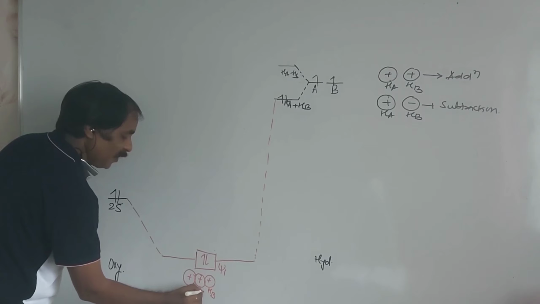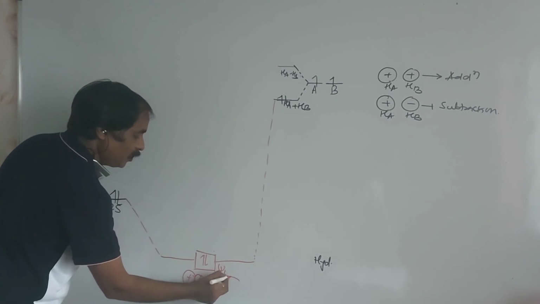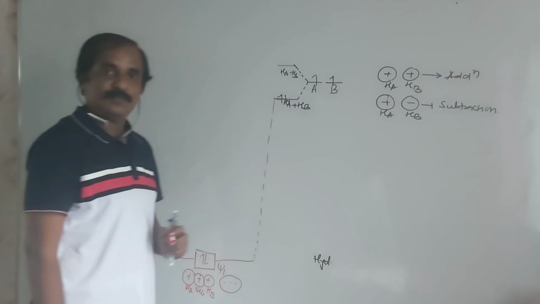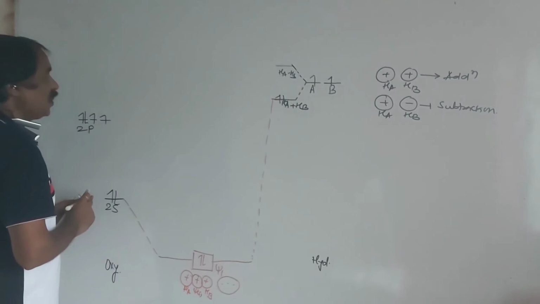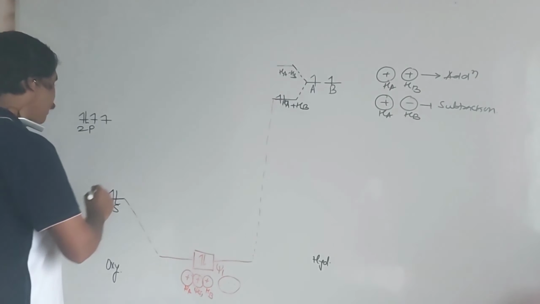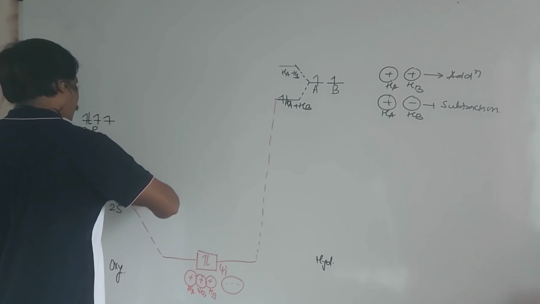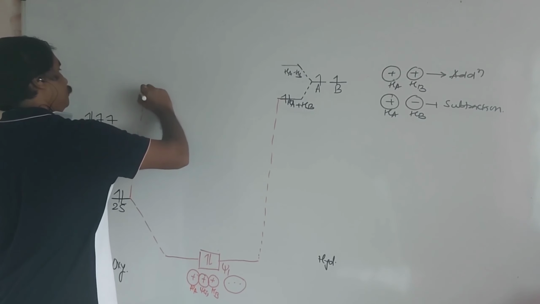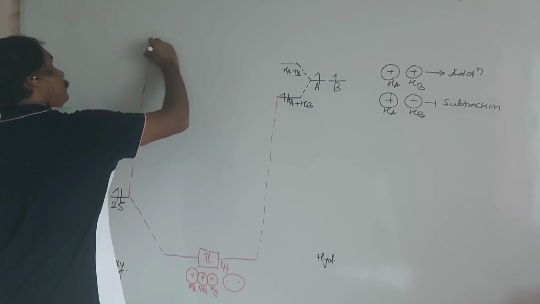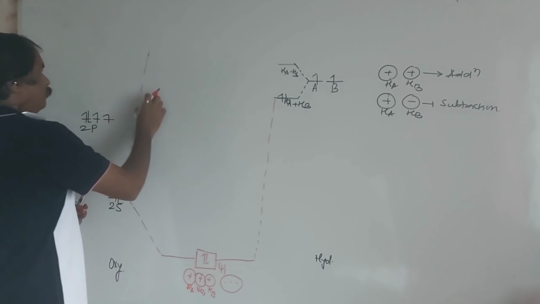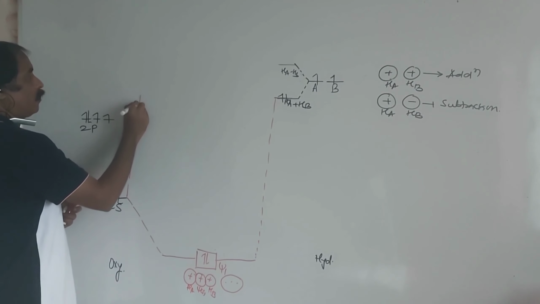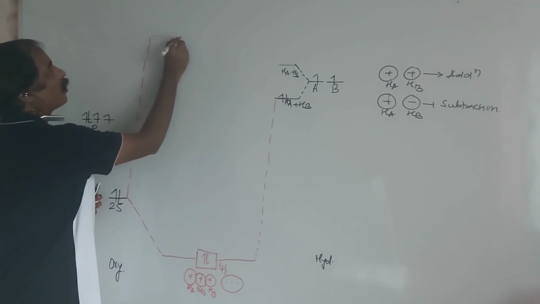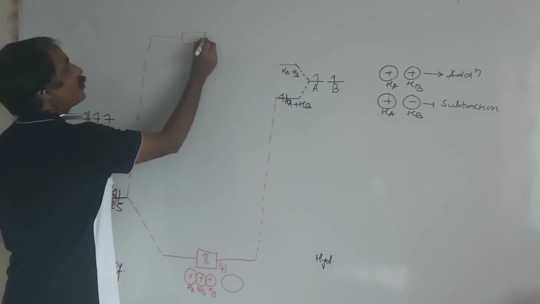This is the wave function of the s of oxygen. So what is the result? Formation of a bonding molecular orbital. This is psi1. Simultaneously there is the formation of the anti-bonding of this. So here it is anti-bonding.